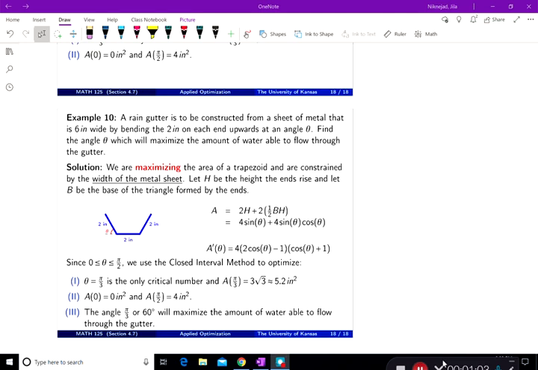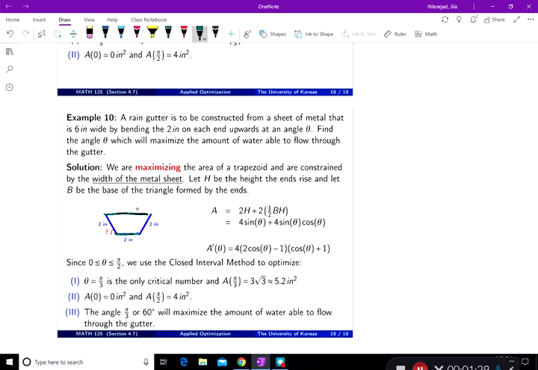You have to find the height and then multiply the height by the average of the two bases. One of them is 2, and then the other one depends on theta.